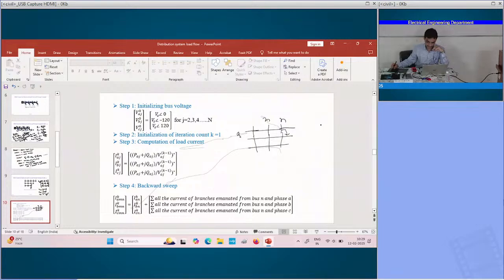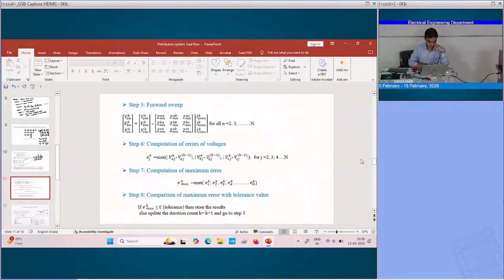Similarly, we can calculate the current for B phase and for C phase. And this calculation for the three-phase scenario can also be carried out based on the backward sweep method.